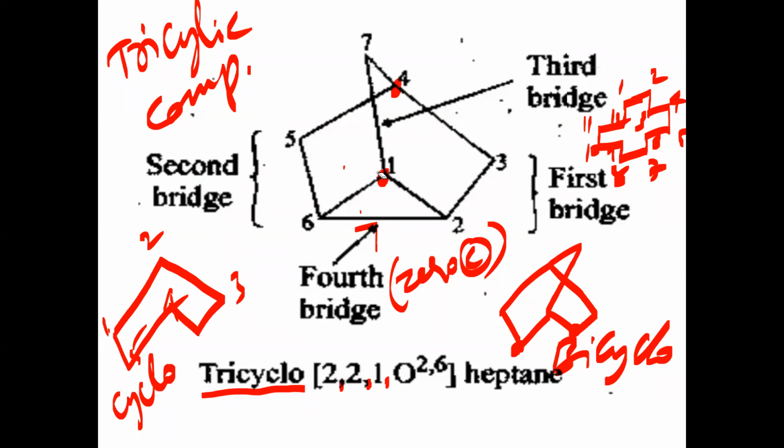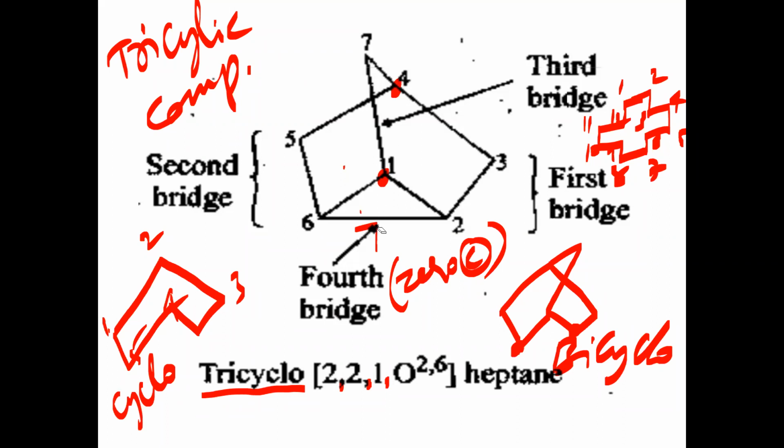So in this way, we have to understand the concept of tricyclic compounds. In a tricyclic compound, how many bridges will be there? 4 bridges. And this fourth bridge will not be connecting the 2 bridgehead carbons. The 2 bridgehead carbons need not be joined by the fourth bridge.